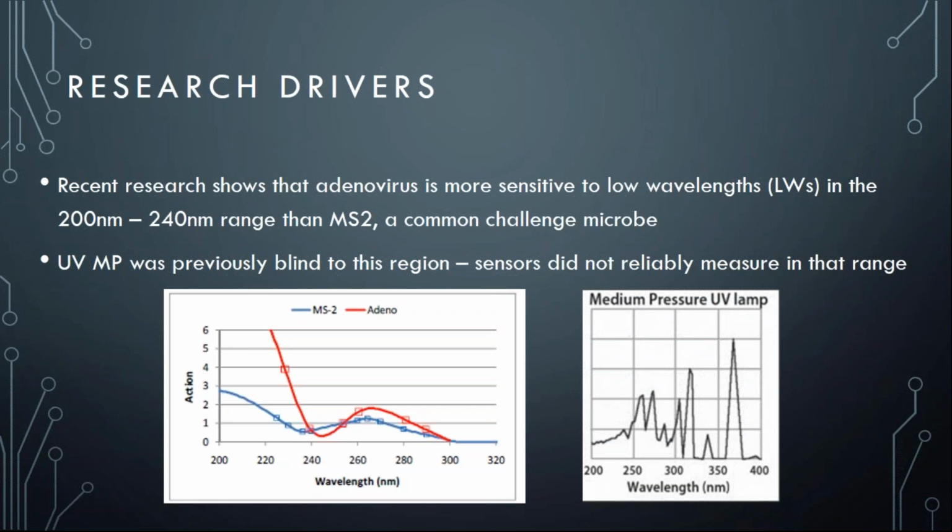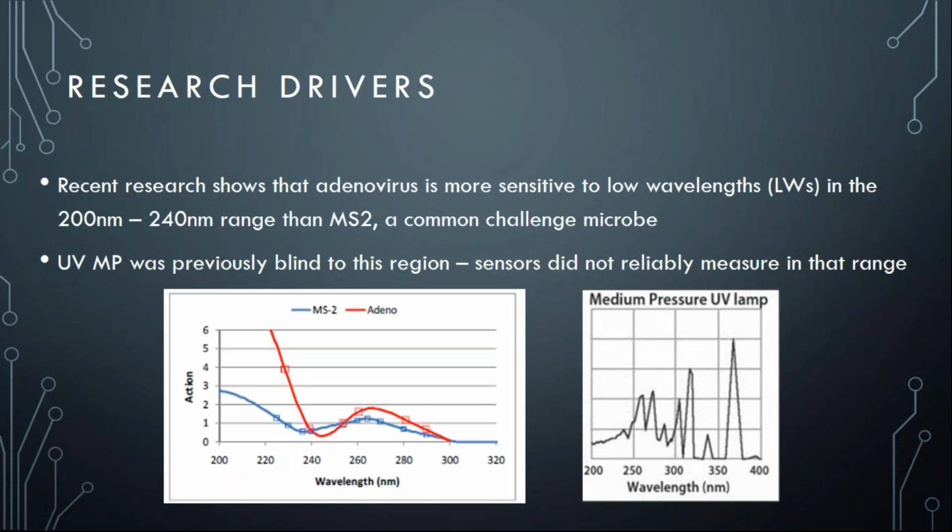However, two emerging concepts that were driving this research were, first, recent microbial research that has shown that adenovirus is much more sensitive to lower wavelengths than we previously thought. The challenge microorganism, the surrogate that was used, has been shown to be more resistant than adenovirus at lower wavelengths.